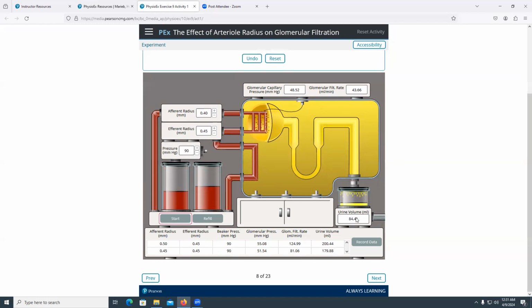That's the amount of urine volume that is being formed in the bladder. Interesting, when 0.5 radius gave me 200, 0.45 gave me 179.